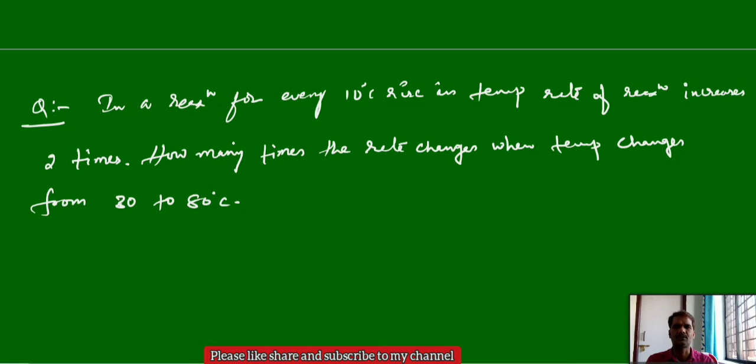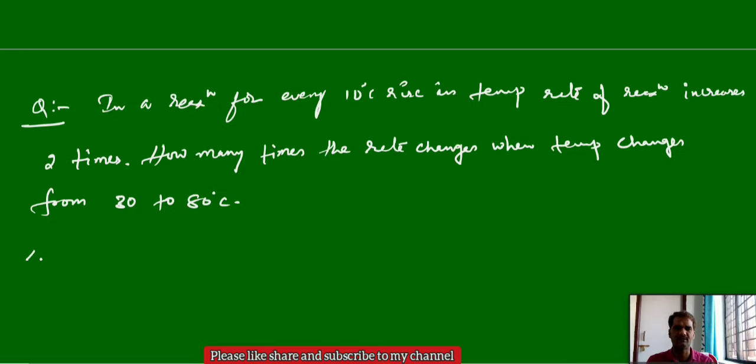Let us see one basic question here. In a reaction, for every 10 degree rise in temperature, the rate of the reaction increases by 2 times. Then if you change the temperature from 30 to 80 degrees Celsius, how many times will the rate change?